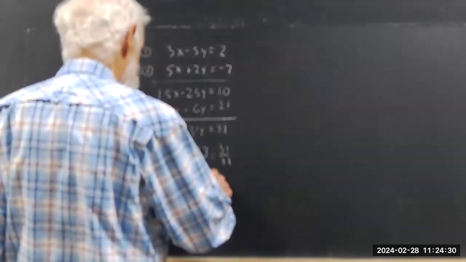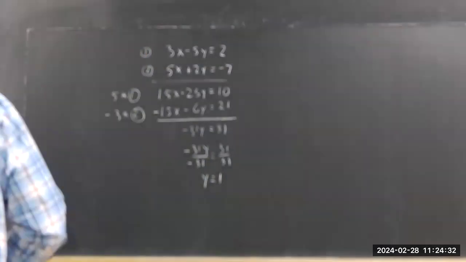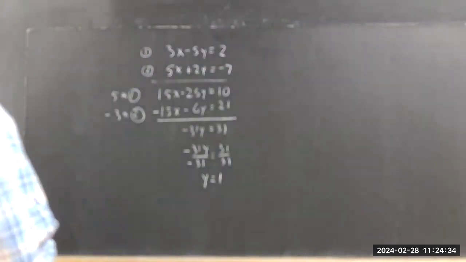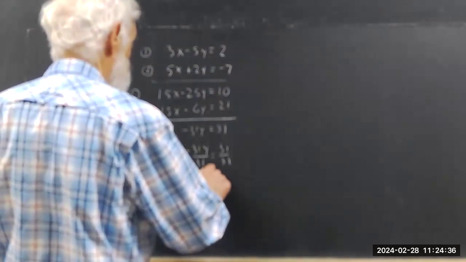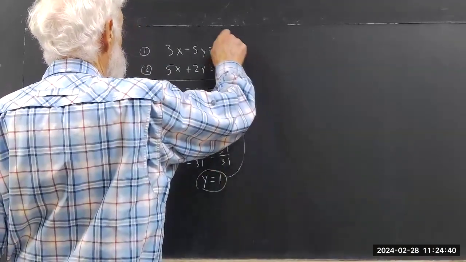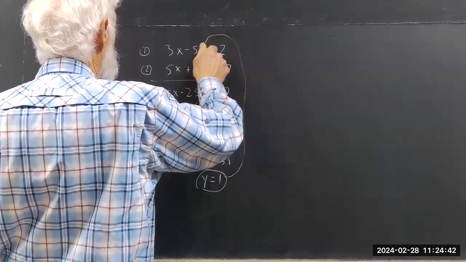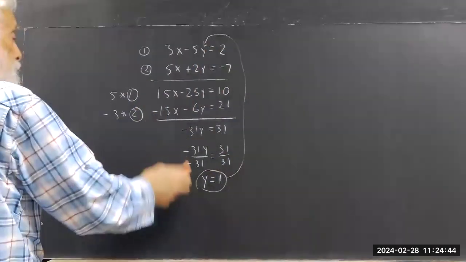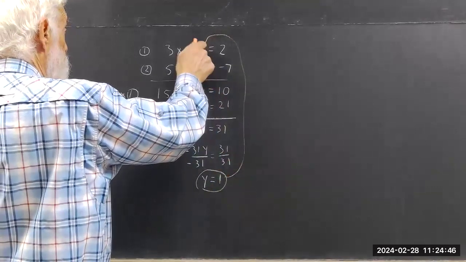You want to see how to deal with the fractions. Then, as I've done in the past, take this solution and plug it into one of these equations, often the first one, but it could have been the second. Then I'm going to plug the 1 in for y.